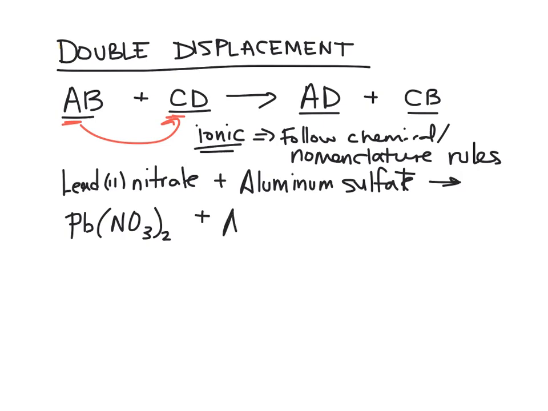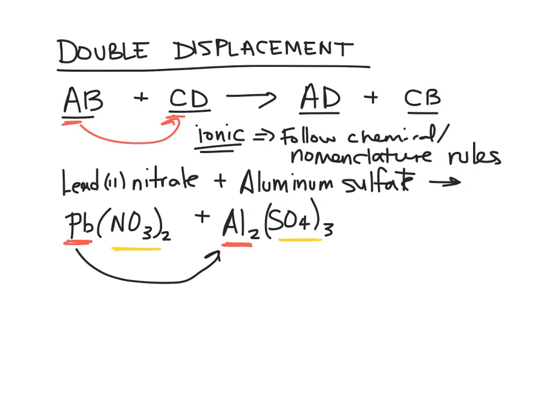We do that to make this aluminum, so you're going to have Al2(SO4)3, okay? And let's look again. These are your plus ions, lead and aluminum, and your nitrate and your sulfate, those are your negatives. So, if you're thinking about it, these swap places.